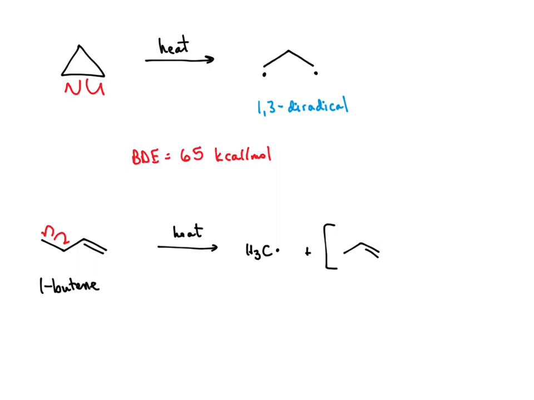And so we generate a radical that looks like this, but that radical itself has another resonance form. And so what we've done is we've taken a system and broken it up into 2 radicals in which one of those 2 radicals is highly stabilized. And so the bond dissociation energy here is not going to be quite as good as the cyclopropyl system, but it's much better than ethane. So this one is 76 kcals per mole.